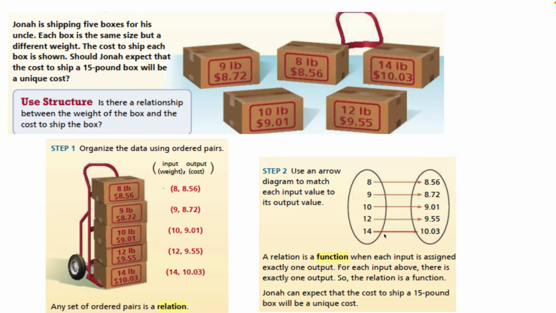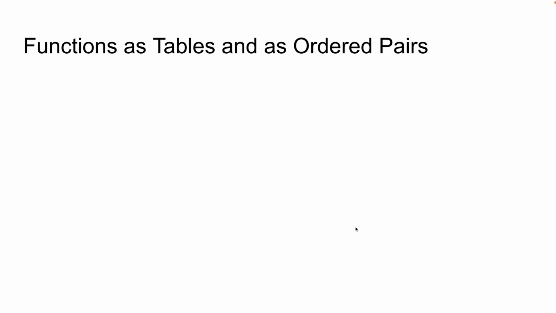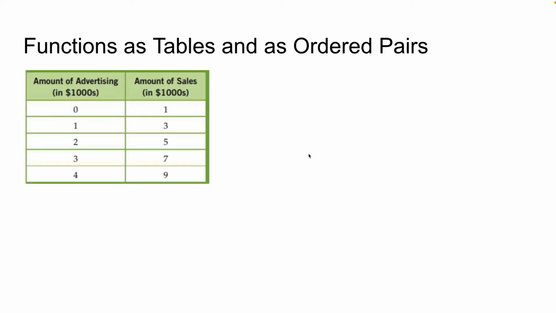So this relation is a function. So Jonah can expect that for the cost of a 15-pound box, there will be a certain outcome. We can also use functions as tables, not only ordered pairs, right? So here is a table. We can put input here and output there.